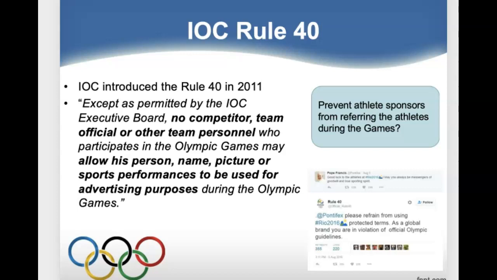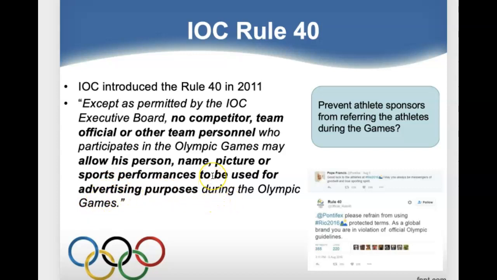So for Rule 40, basically they say, except as permitted by the IOC Executive Board, none of the competitors, team officials, and other team personnel who participate in the Olympic Games may allow their names, pictures, or sports performance to be utilized for advertising purposes during the Olympic Games.